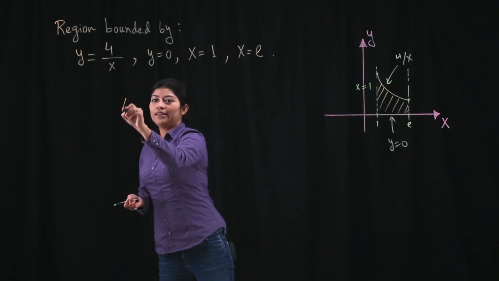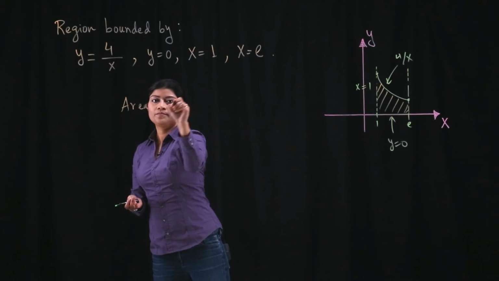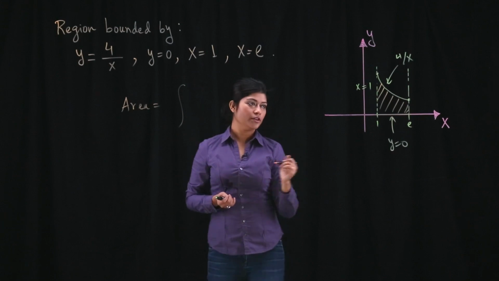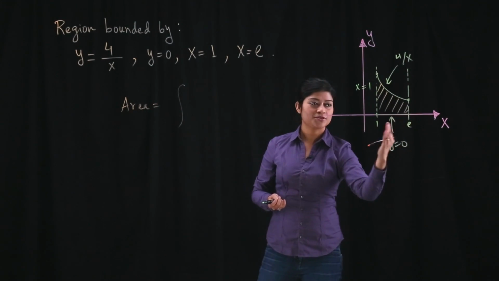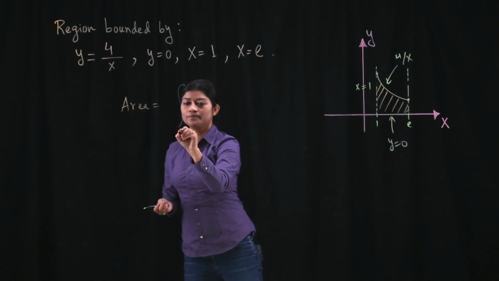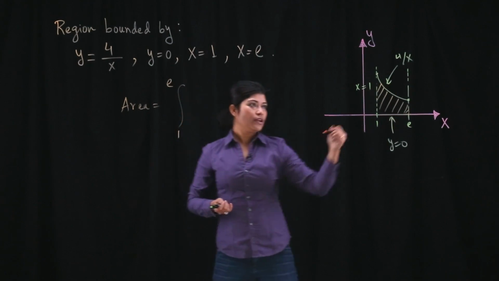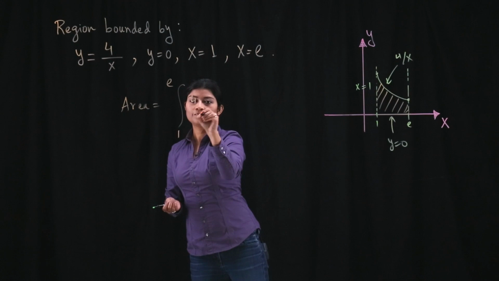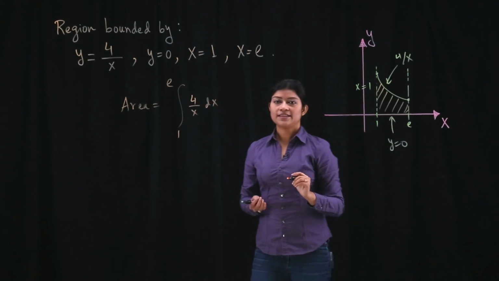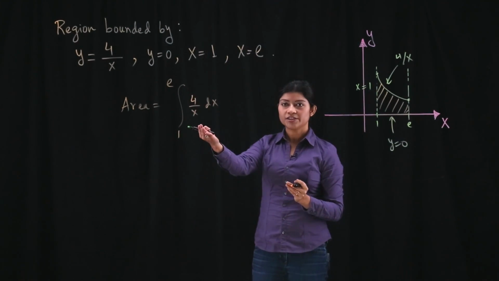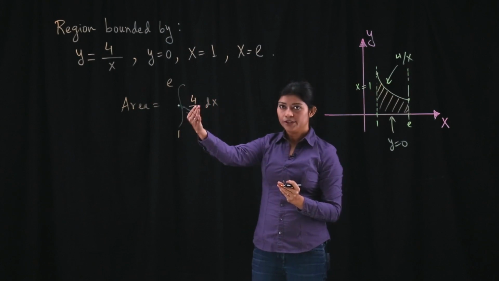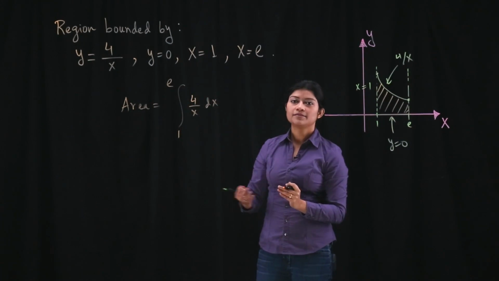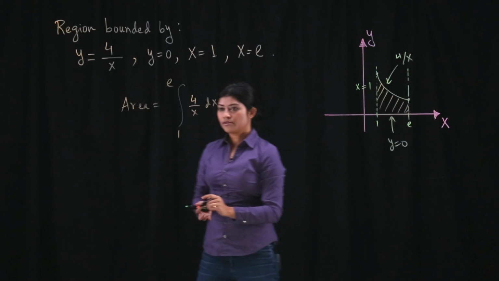So the area will be just the definite integral between which x values? Well, 1 through e, under which curve? 4 over x dx. That's the setup. And now you just find the antiderivative, then use the fundamental theorem, and then you will have your area. So let's do that.